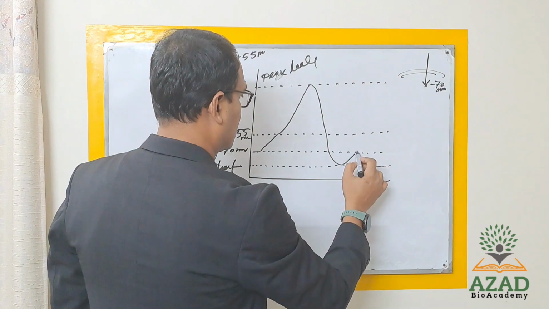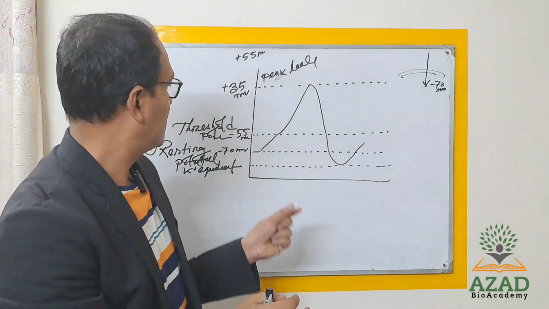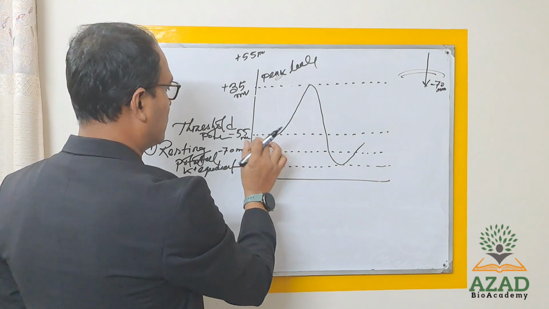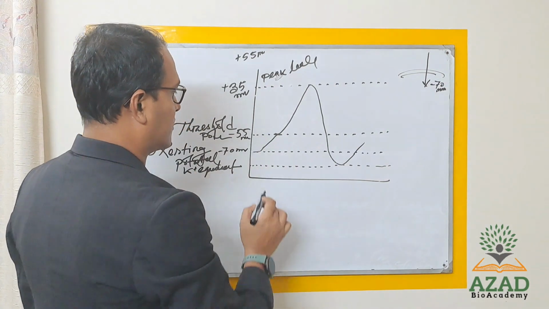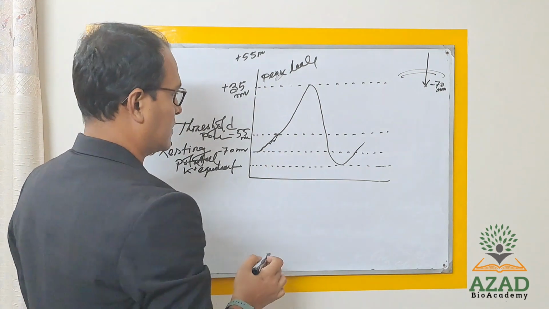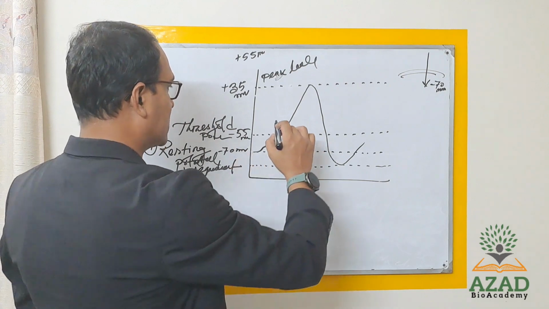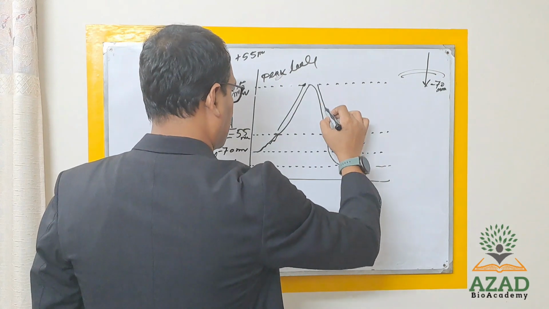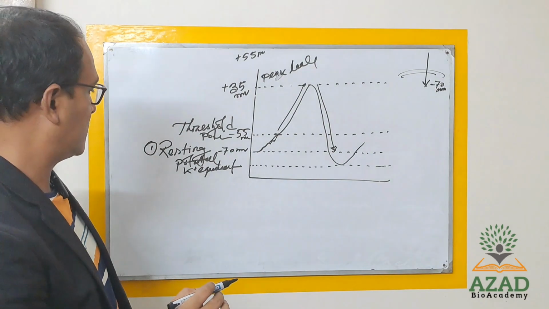You can give some names to the events: how the resting membrane potential will be maintained, and before reaching the threshold potential, what the terminology would be for that potential change, and for that region and that region. Now I will talk about that.